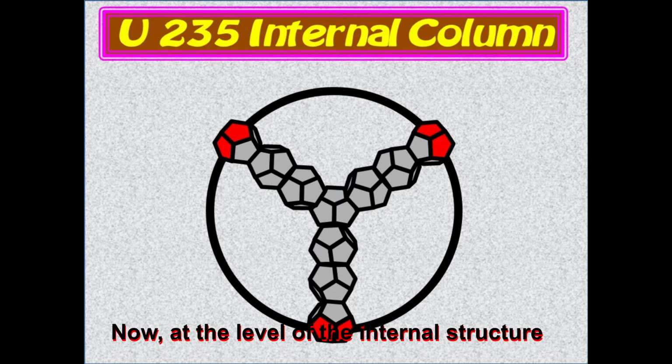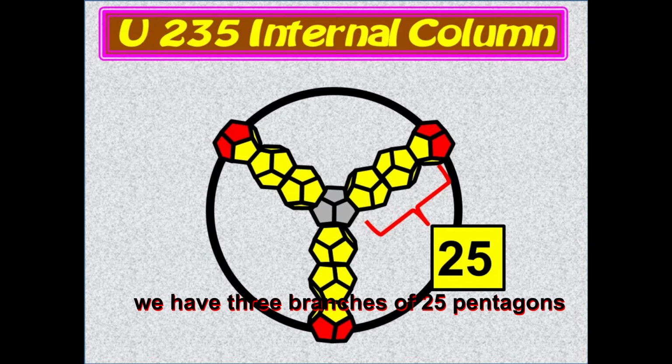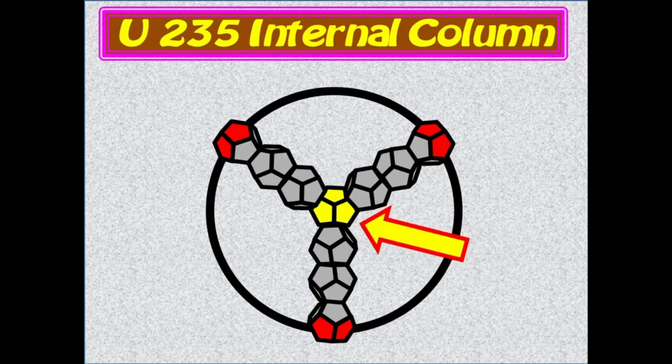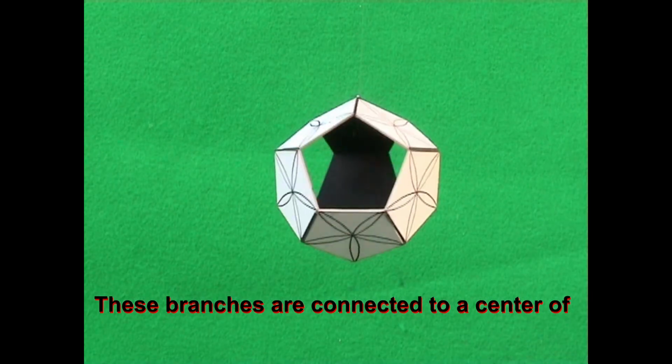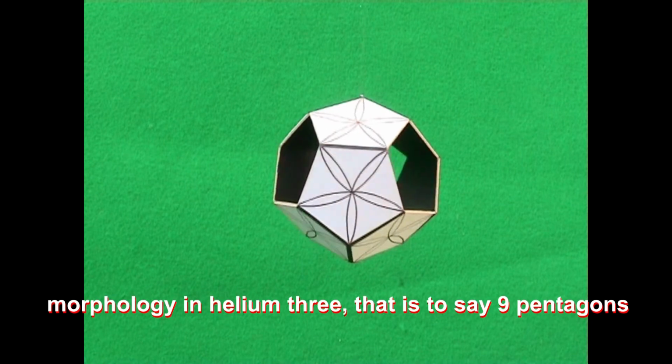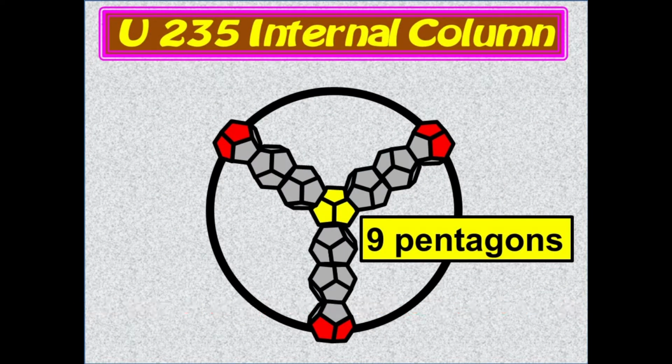Now, at the level of the internal structure, we have 3 branches of 25 pentagons. These branches are connected to a center of morphology in helium-3, that is to say 9 pentagons.